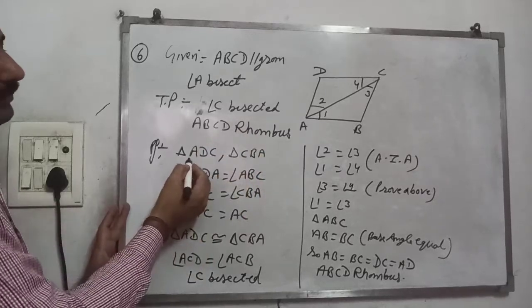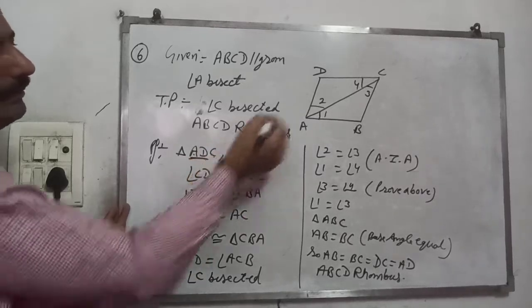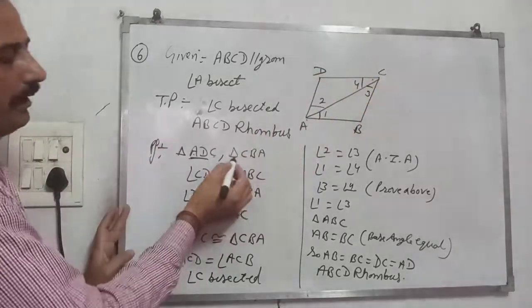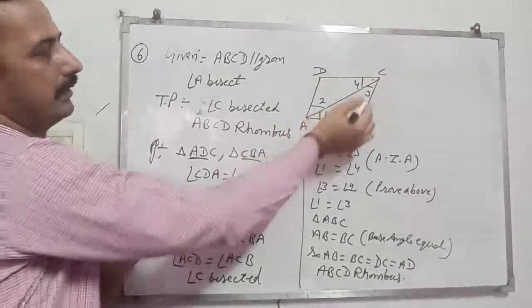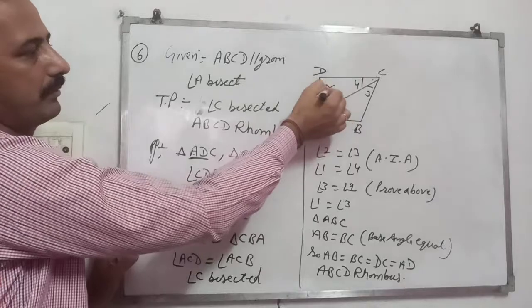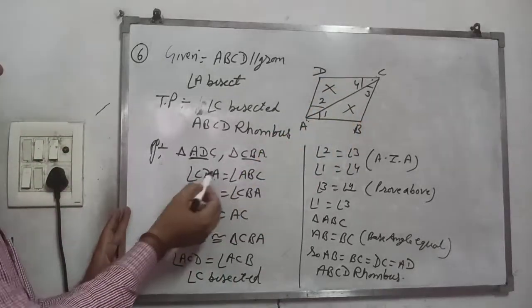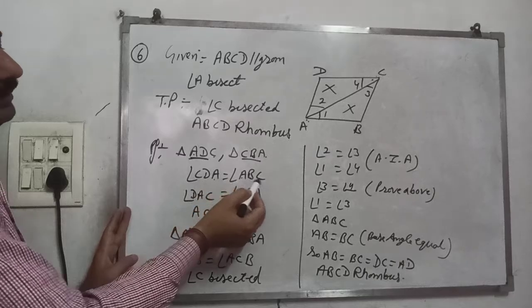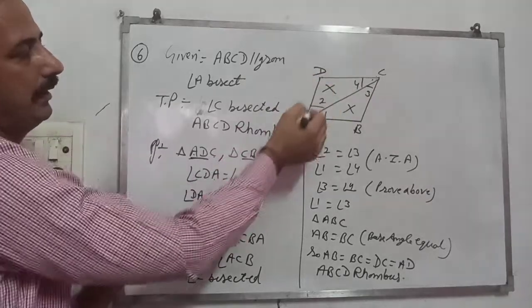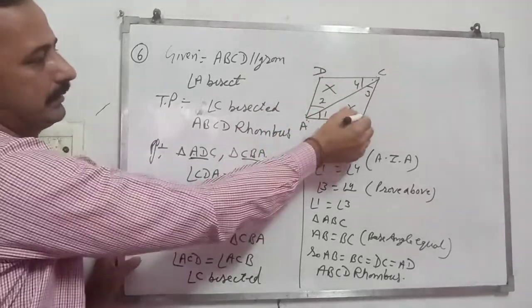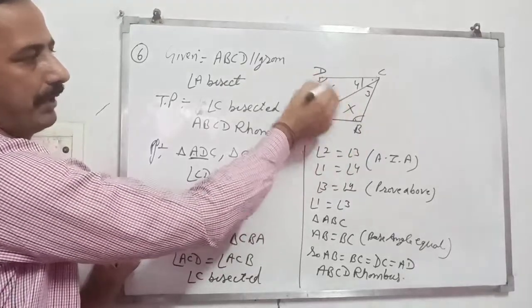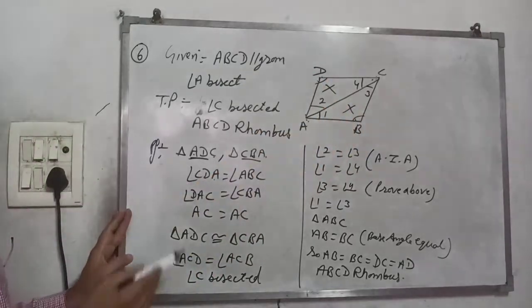What we can do, we use the two triangles ADC and CBA. So angle CDA is equal to ABC, that is the opposite angle of the parallelogram.